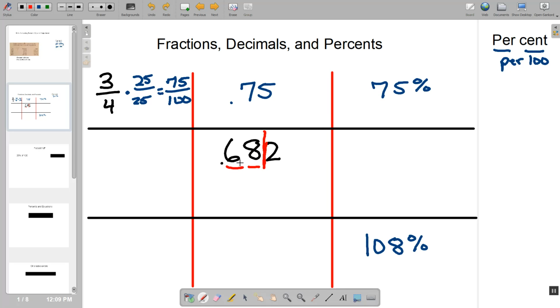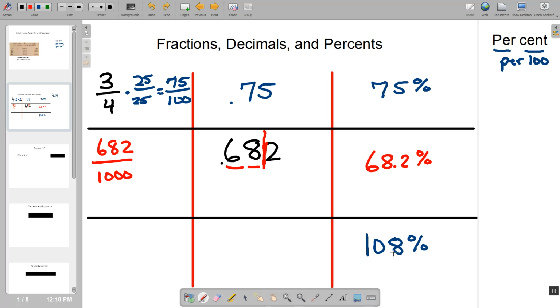Instead, you should do 68 and an extra decimal, and that is your percentage. Now, this is a little bit trickier as a fraction because I have to do tenths, hundredths, and then thousandths. So I can't write the fraction the same way as I did before. I have to write it as thousandths. And if I was asking you to simplify, you could simplify this fraction down.